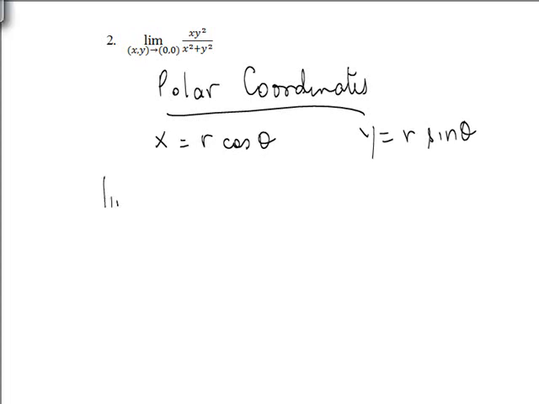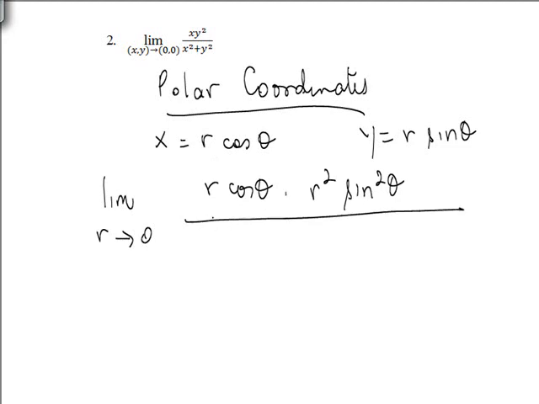So you have the limit as r approaches 0. Let's substitute. So this is r cosine theta times r squared sine squared theta, all over r squared cosine squared theta plus r squared sine squared theta.